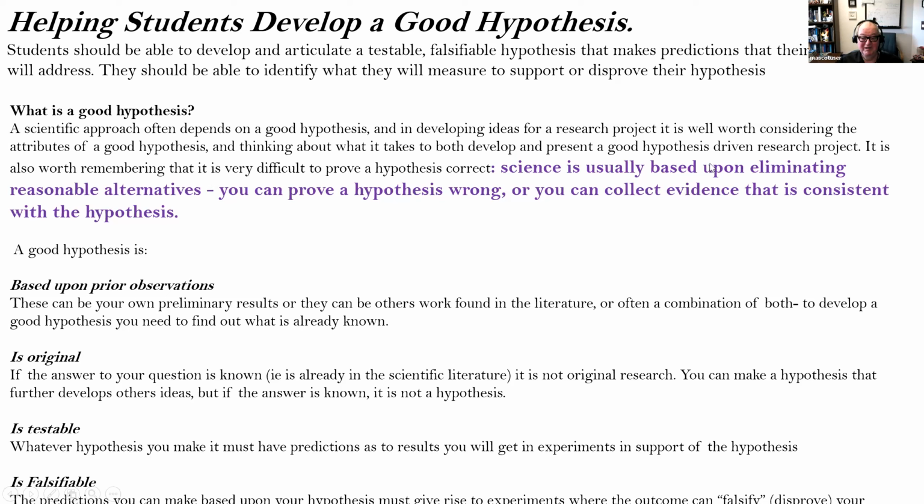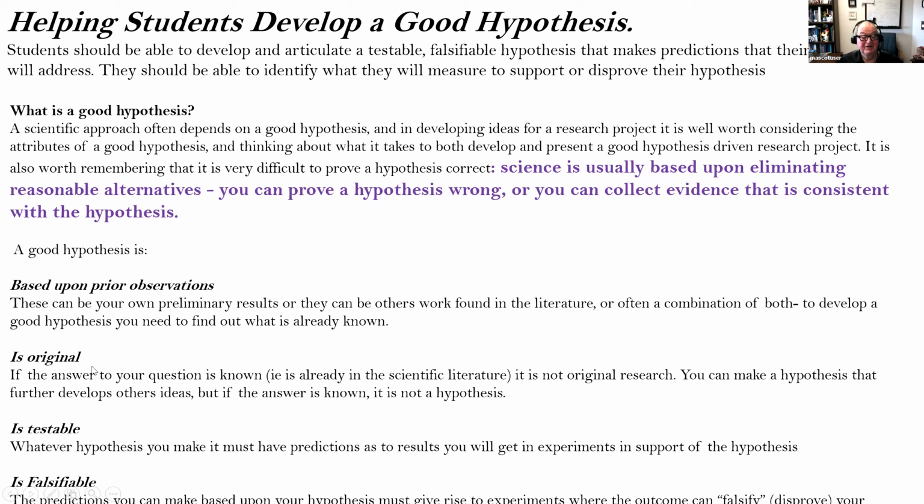We talk a little bit about how science approaches hypotheses, and really the way you can never prove a hypothesis correct. You can prove a hypothesis wrong, and you can eliminate reasonable alternatives. I want my students thinking about reasonable alternatives all the way through, because that's a critical part of doing good science. And have them understand that you can collect evidence that's consistent with a hypothesis, or it can prove it wrong.